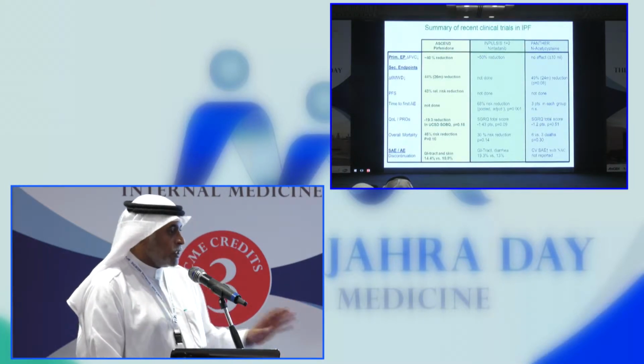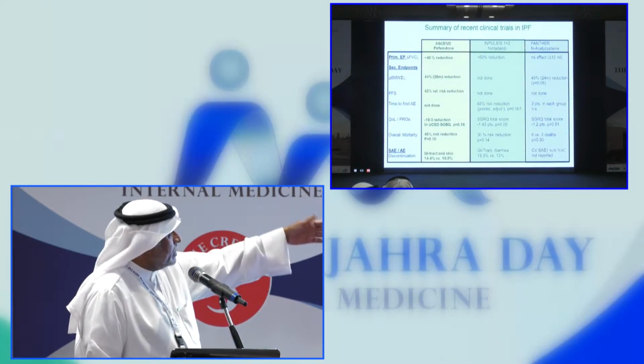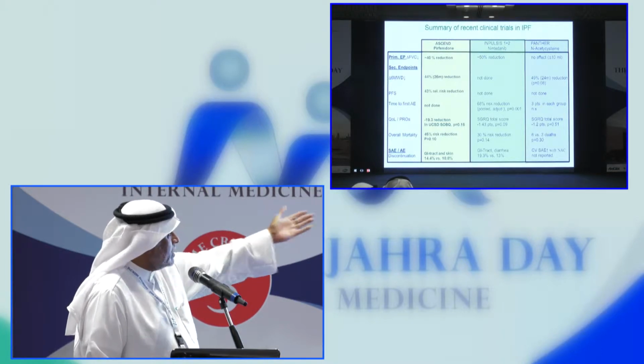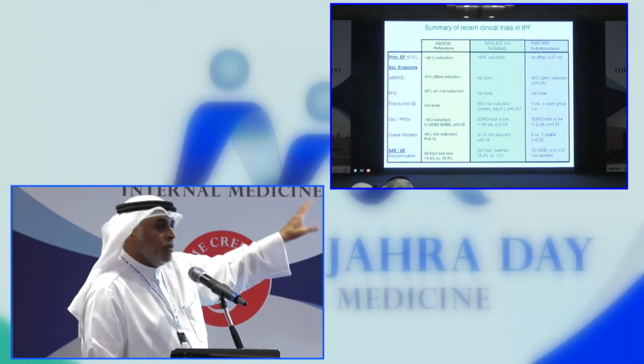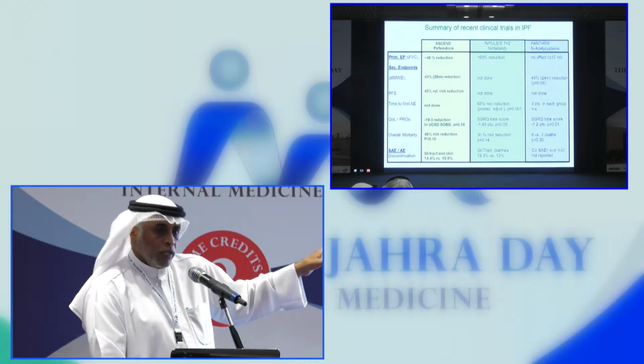So this is a table summarizing the effects of ASCEND, which is pirfenidone, and INPULSIS. You can see the primary outcome in these trials was the drop in lung function, which both did well.